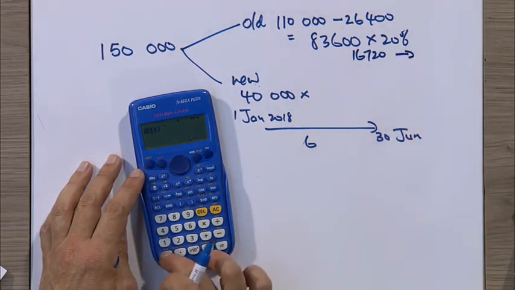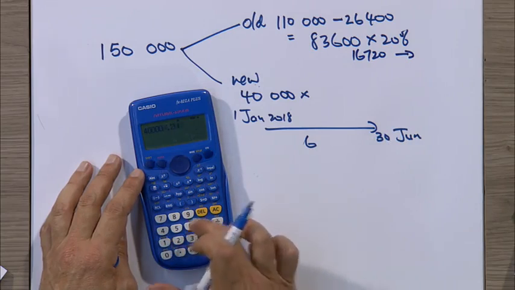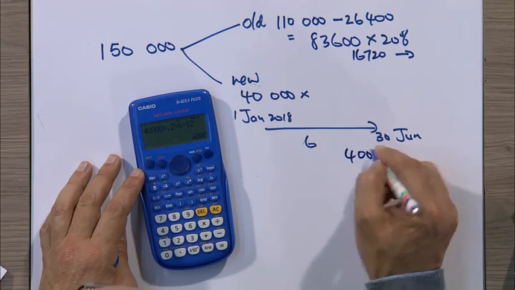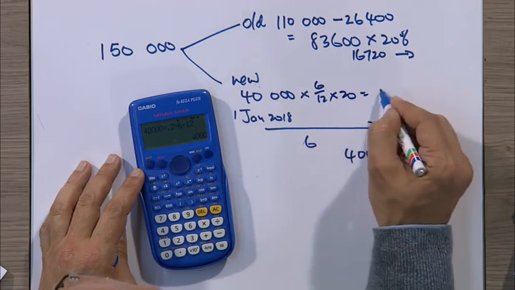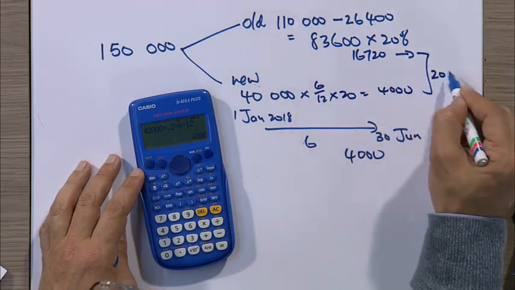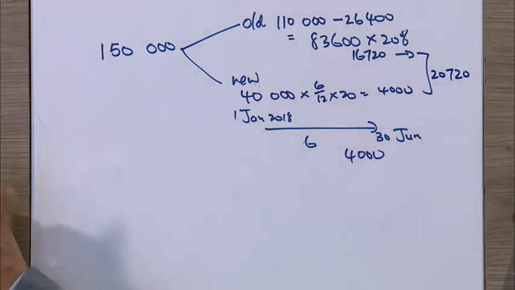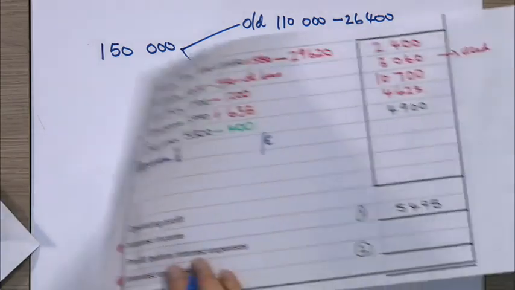Then on the new, 40,000 times 20% times 6 divided by 12. That gives me 4,000. Right, so that's 6 over 12 times 20%. Gives me 4,000. So that depreciation together gives me 20,720. So then I have to enter that into my vehicle.